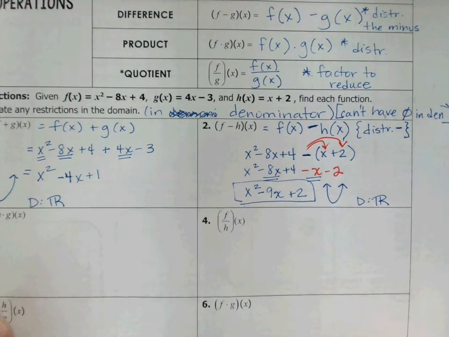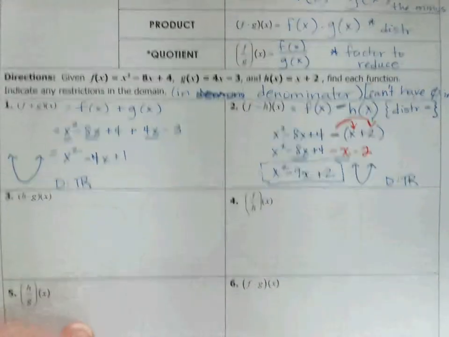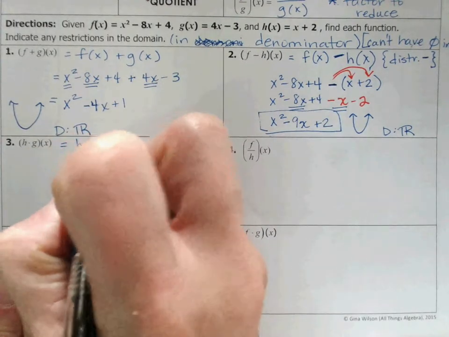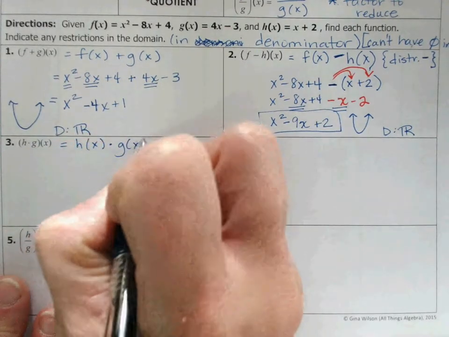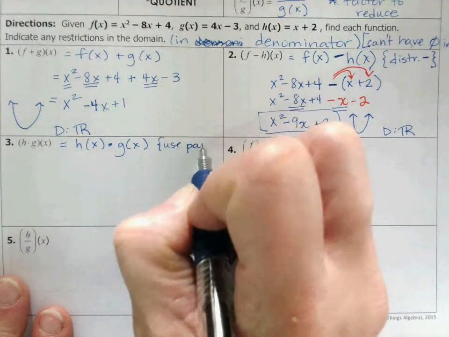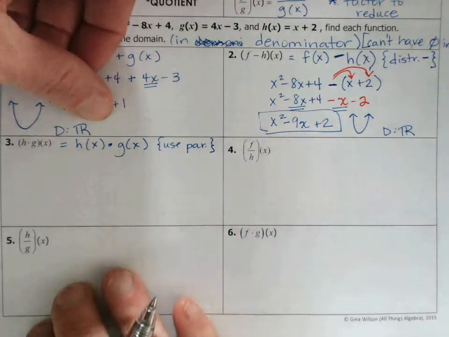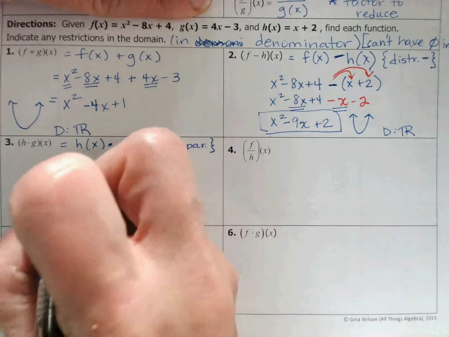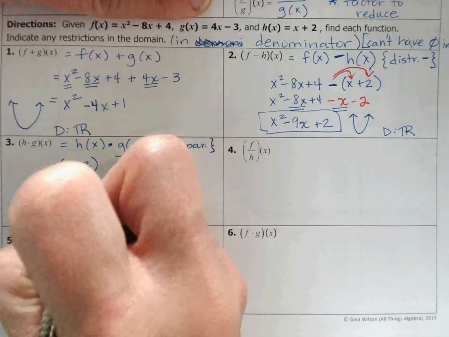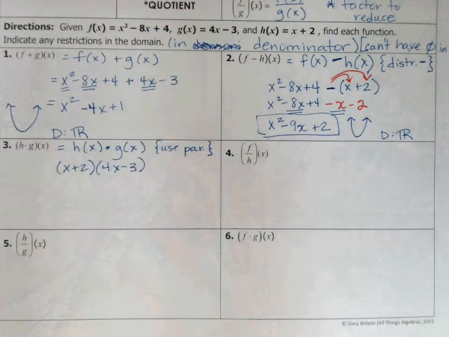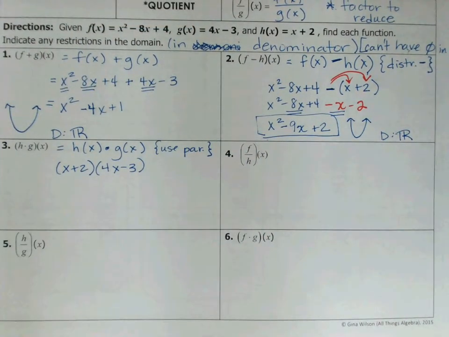So now I have h times g of x. So I'm just going to do h of x times g of x. And since I'm multiplying, I am going to use parentheses here because it'll show me how to multiply them out, okay? So my h of x, x plus 2, and g of x, 4x minus 3. Well, we know how to do that, right? So that's my h.